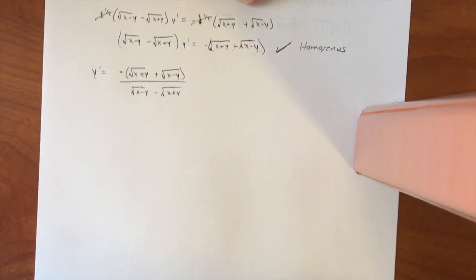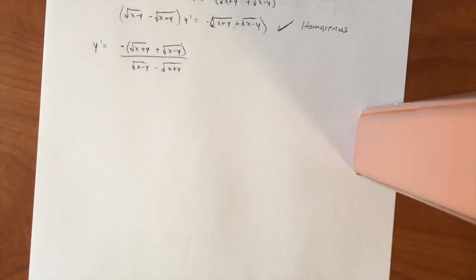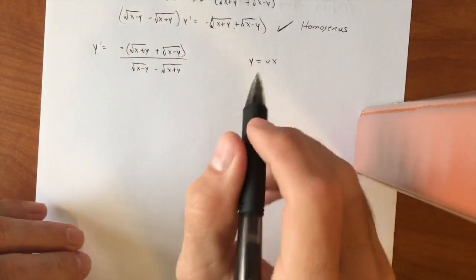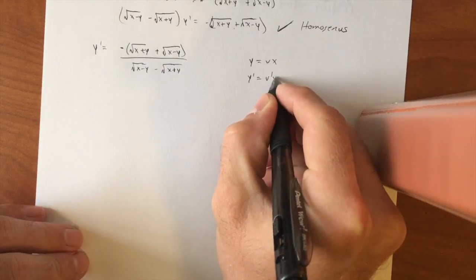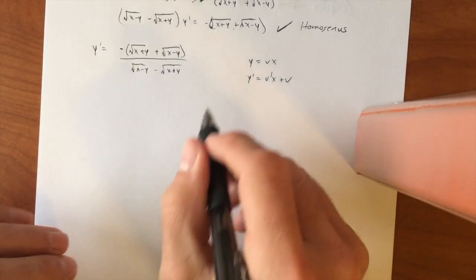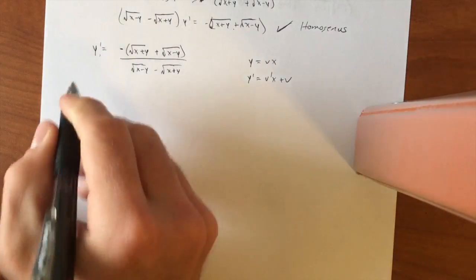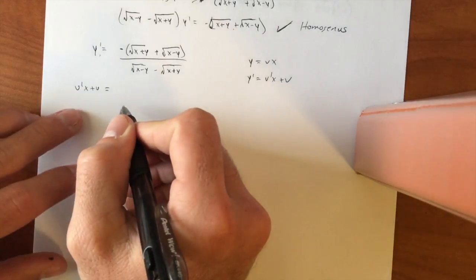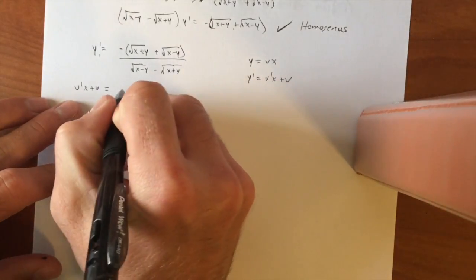We have some room. Okay, and then the first step in solving a homogeneous differential equation is using substitution. We're going to use the substitution y equals vx. If you take y prime, you'll have y prime is equal to v prime x plus v by product rule. So we can substitute our y prime in with this, and we'll get v prime x plus v is equal to, plugging in all of our y's as vx's.